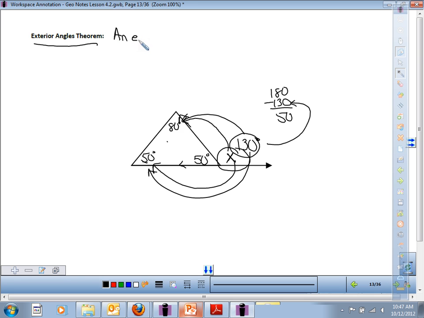An exterior angle in a triangle is equal to the two opposite, I should say is equal to the two opposite interior angles.